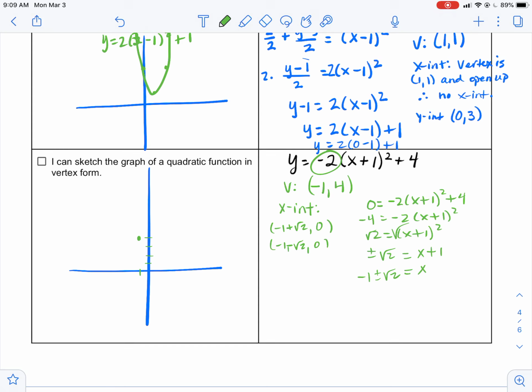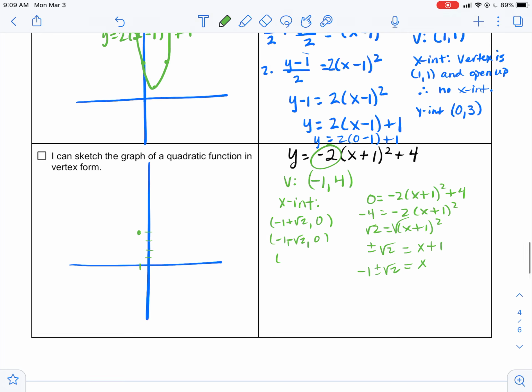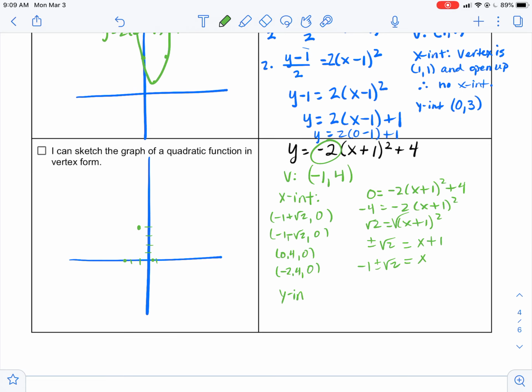But you are going to need the decimal values. So the first one up there would be roughly 0.40 and a -2.40. And so again, I'm going to go in and estimate that. So we're going to have a number somewhere about there and there. The other thing is I could do my y-intercept.